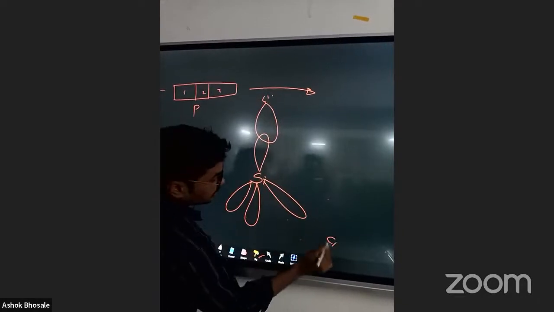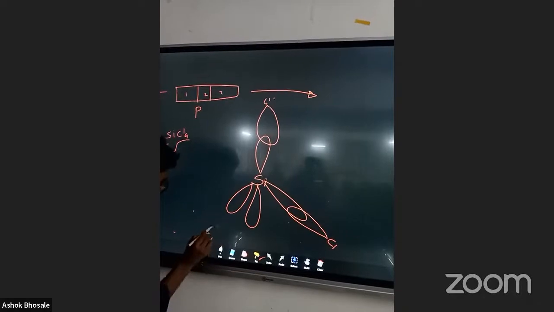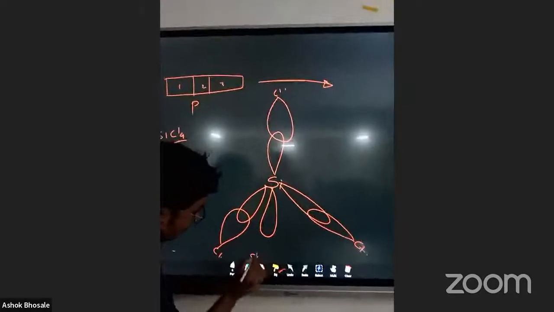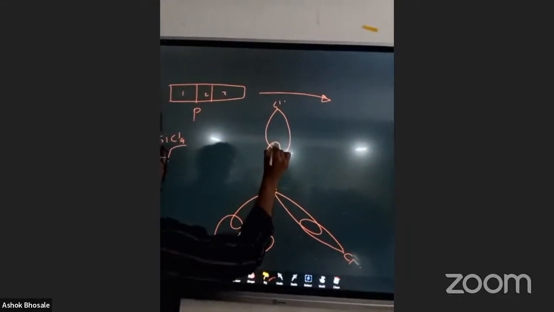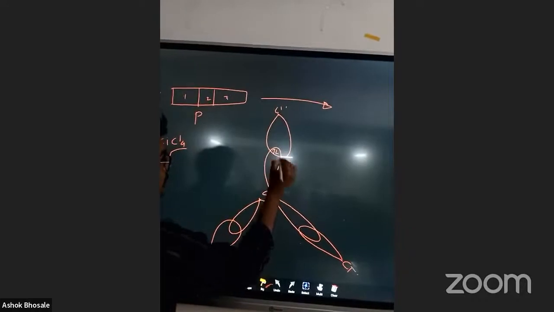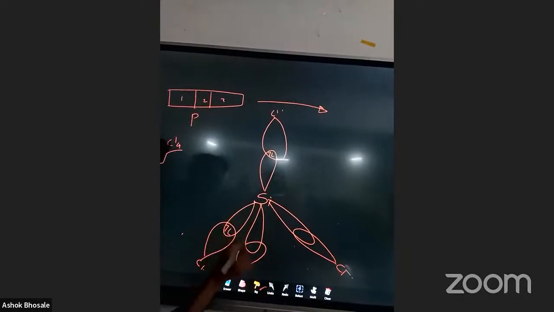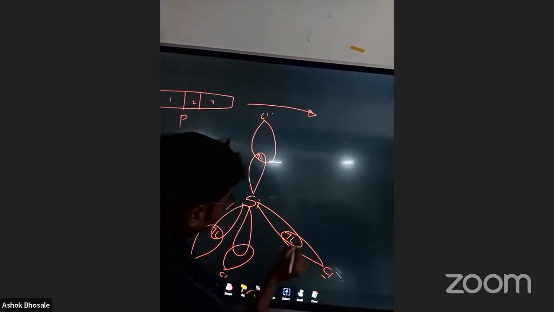This chlorine atom has one orbital, and this chlorine atom also has one orbital. This is one electron from chlorine, one electron from silicon, one electron from chlorine, one electron from silicon, one electron from chlorine, one electron from silicon.